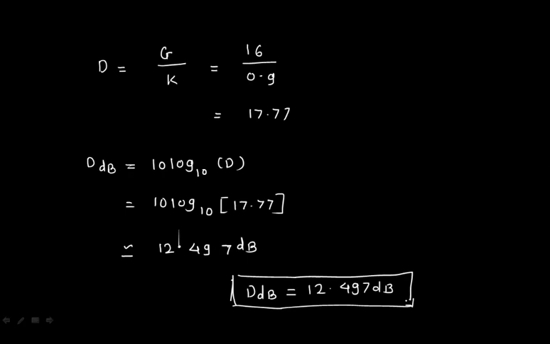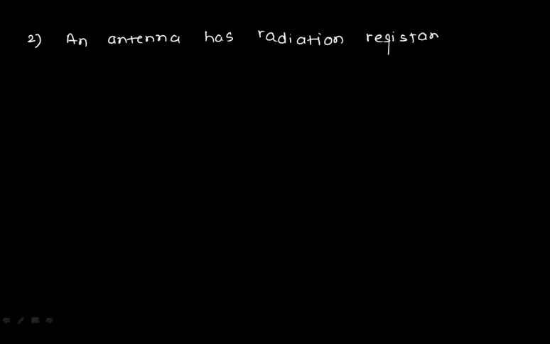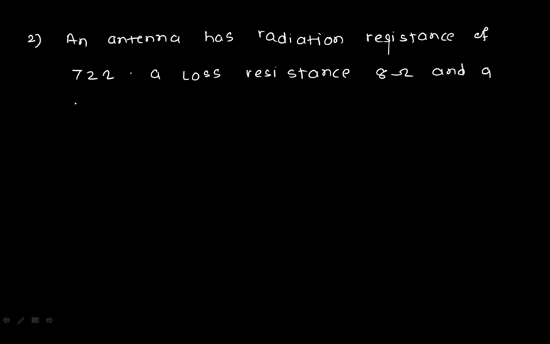Let us solve another problem here. The second problem says an antenna has a radiation resistance RR of 72 ohm, a loss resistance of 8 ohm, and a power gain of 12 dB.